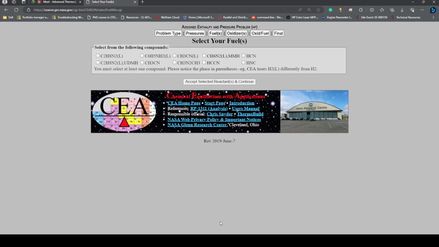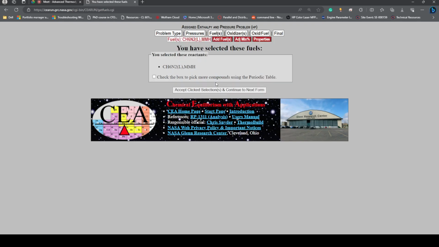Here you will have certain fuels. If you look at it, this fuel CH6N2, in liquid form, monomethyl hydrazine, is what we are trying to solve in this question. So select this CH6N2 and then accept selected reactants and continue.